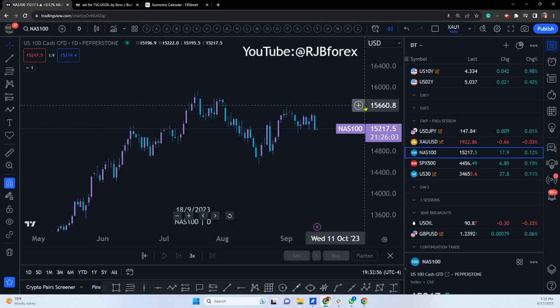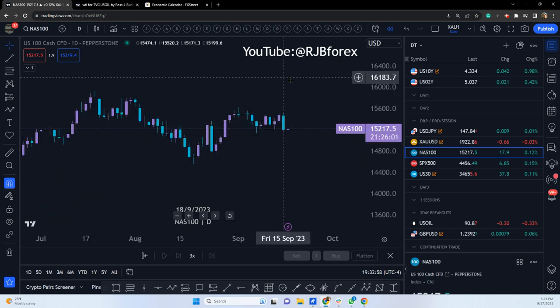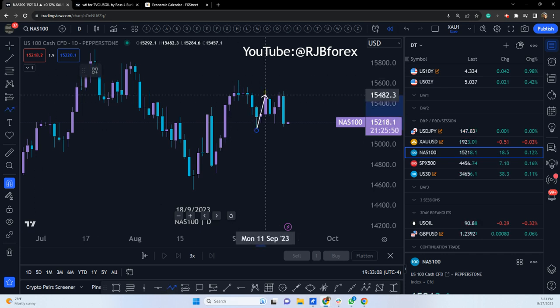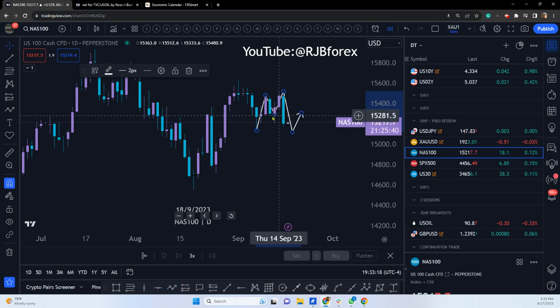Right, daily chart, strong impulse from Friday, M formation being made. So maybe a continuation lower, or maybe just a move up into the neckline, assess it from there.